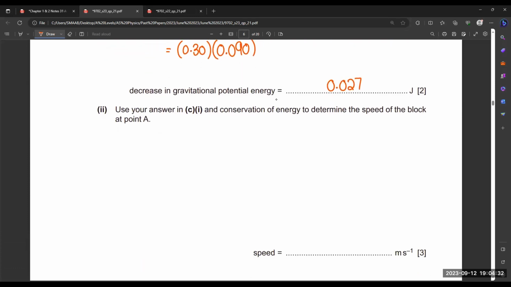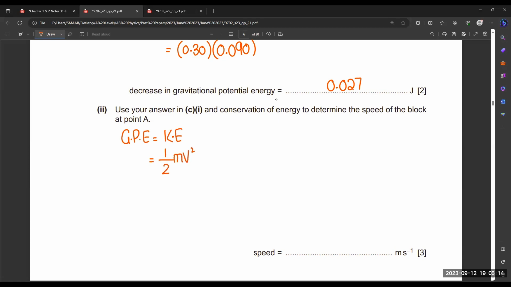And next is: use your answer in part 1 and conservation of energy to determine the speed of the block at point A. So we have to calculate the speed of the block at point A. Any idea how to use that? Yes, we're going to use the formula E equals half mv squared, because we know potential energy equals kinetic energy, by conservation of energy, like GPE equals KE.